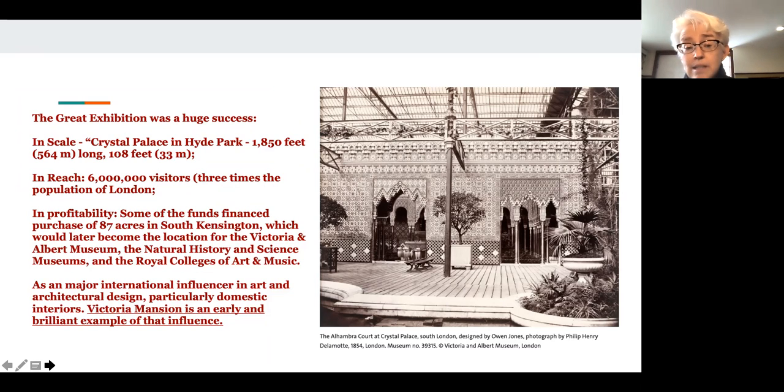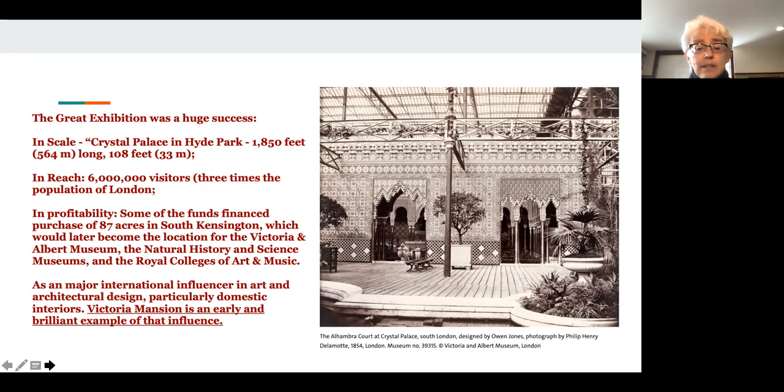And it was enormously successful in profit. In fact, some of the profits of the Great Exhibition went to buy the 87 acres in South Kensington, where we have the Victoria and Albert Museum, the Natural History Museum, and the Science Museums, along with the Royal College of Art and Music. And right behind that is the Albert Hall, which was built after Albert's death, and the Albert Memorial.